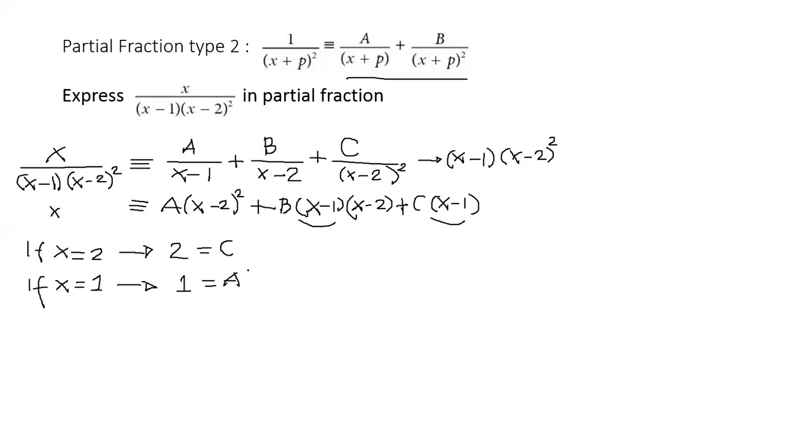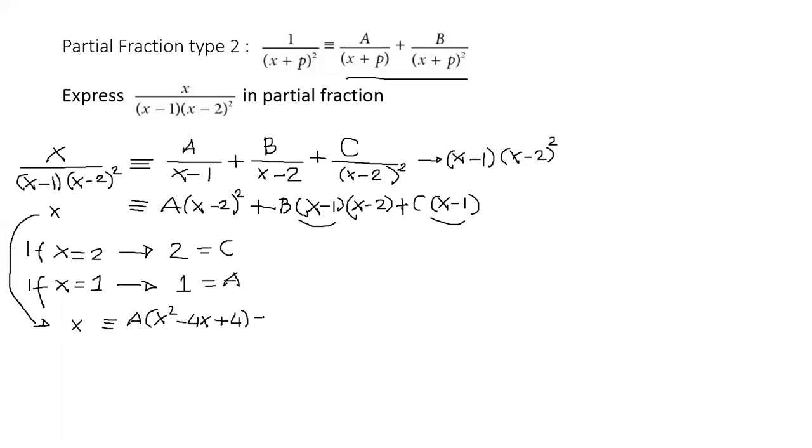Now we're going to calculate b. We're going to find b. How much is b? How to find b? We are going to expand these equations. It becomes x identical to a times x squared minus 4ax plus 4a, like this.